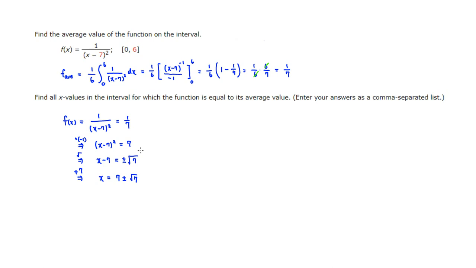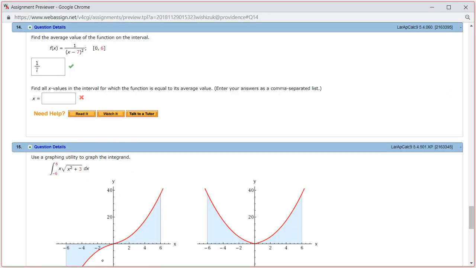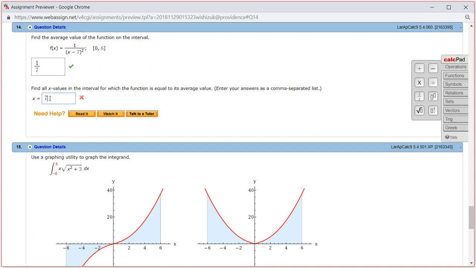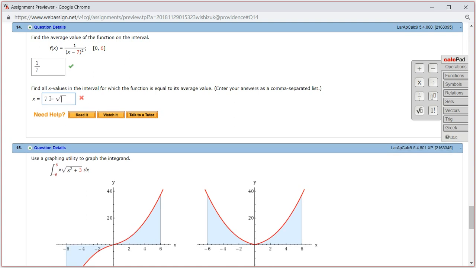So let's type it in. We have 7 minus square root of 7, comma, 7 plus square root of 7.